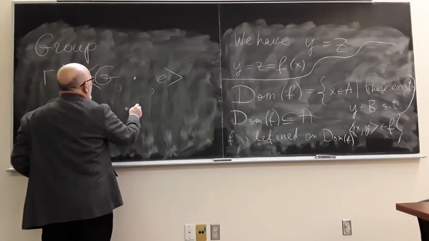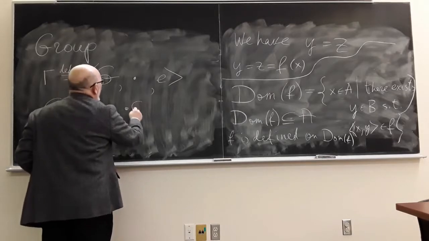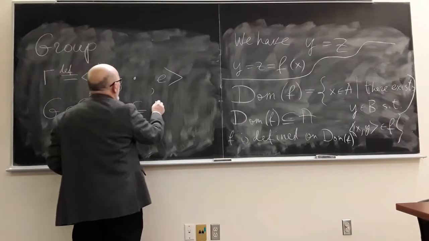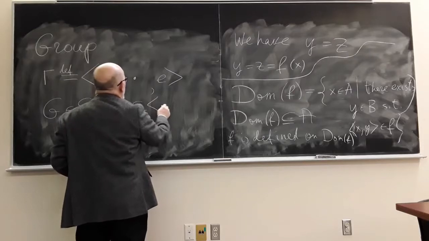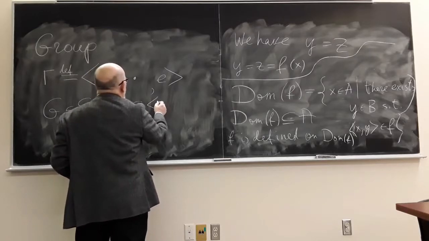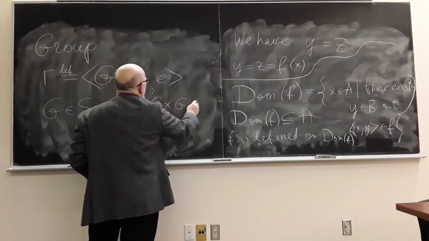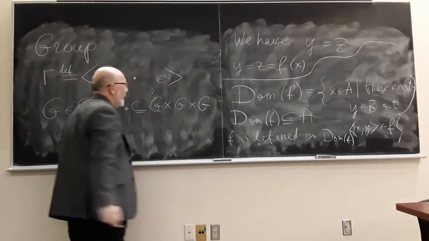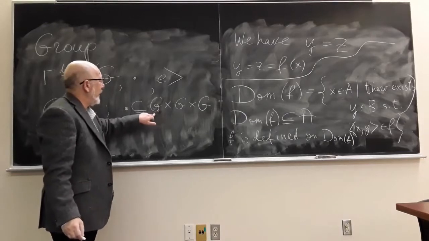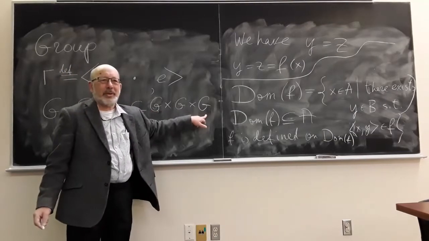Now, dot is a subset in this Cartesian product, G times G times G. It means here X, here Y, and here their product.